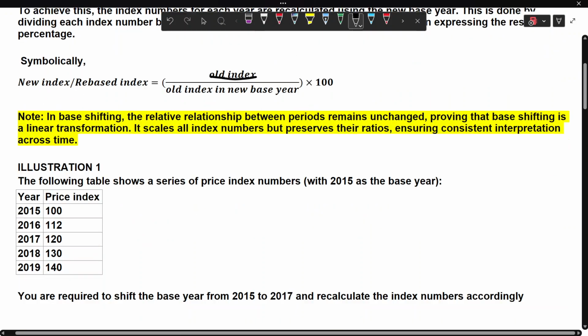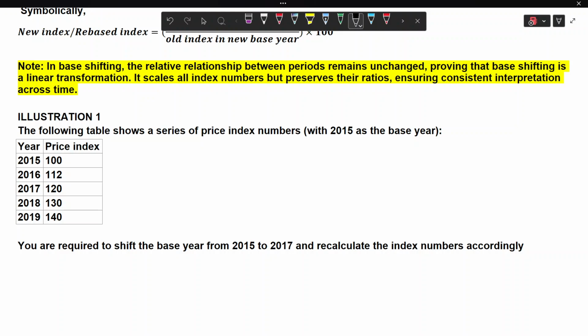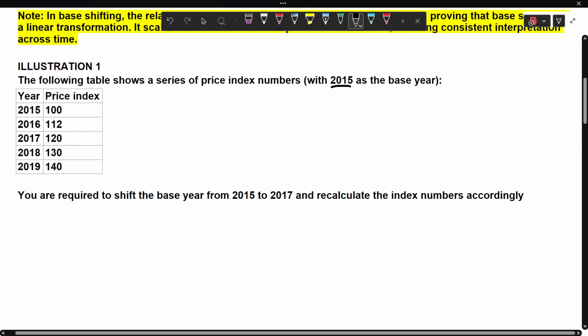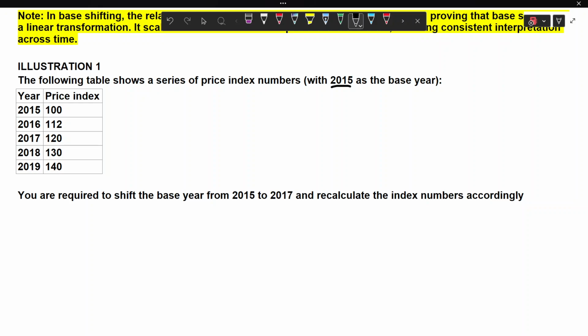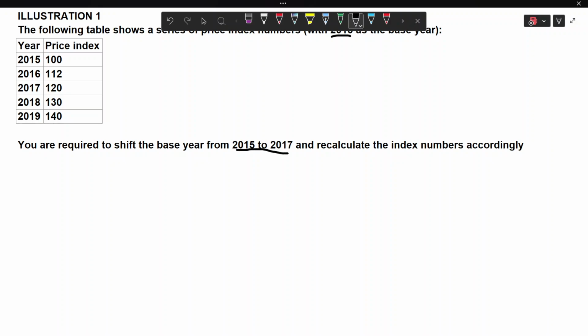Okay, so now let's take an illustration. The following table shows a series of price indexes with base year 2015. So we have the years from 2015 to 2019 with their respective price indexes. You are required to shift the base year from 2015 to 2017 and recalculate the index numbers accordingly.